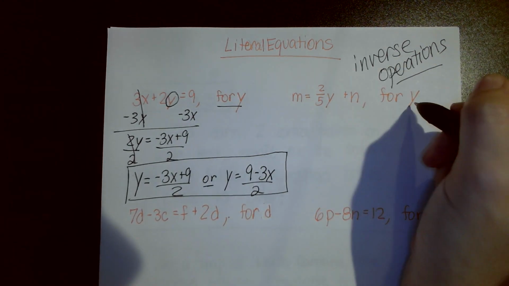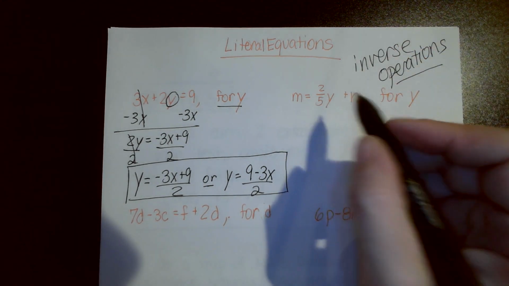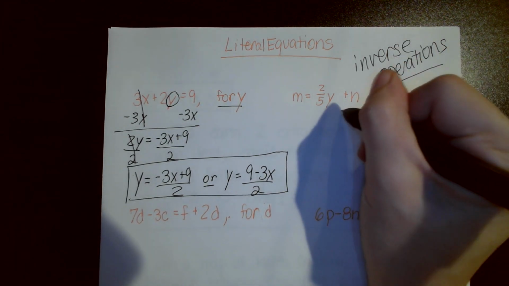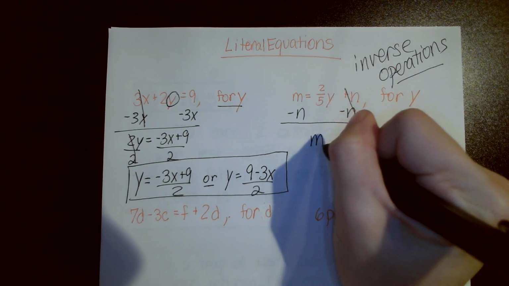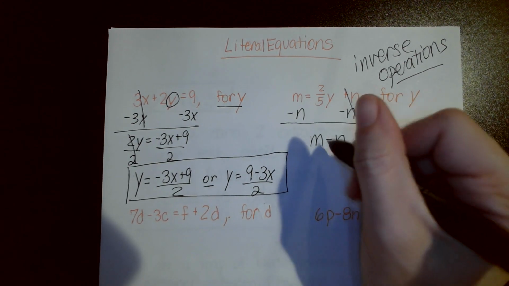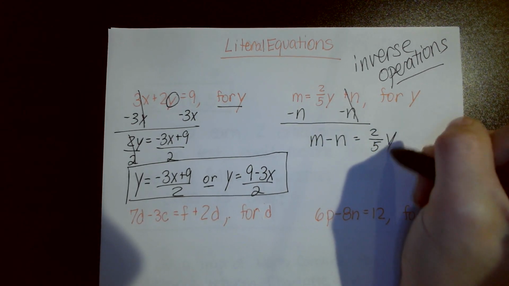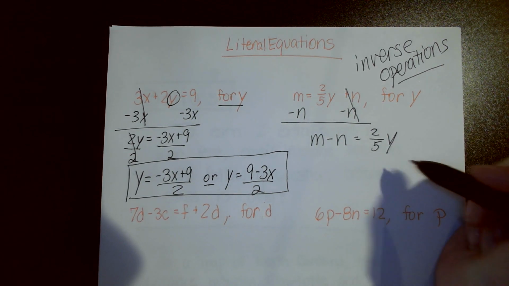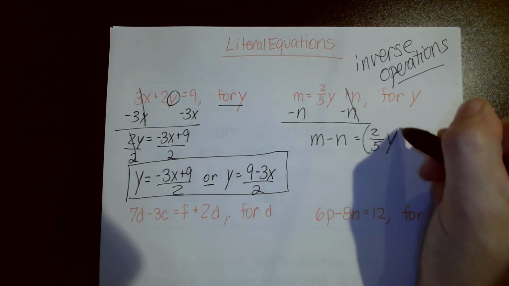Now for the next one, I want to solve for y. Now m equals 2/5 y plus n. We want y alone, so I move n first. M minus n. I can't actually subtract it because we don't know what they are. So I just write m minus n equals 2 over 5y. Now, just as if we did know what this number was, we would want to multiply by the reciprocal to get the variable alone.